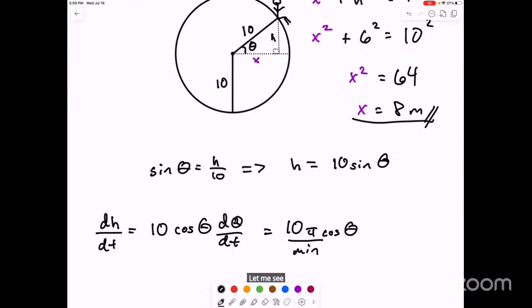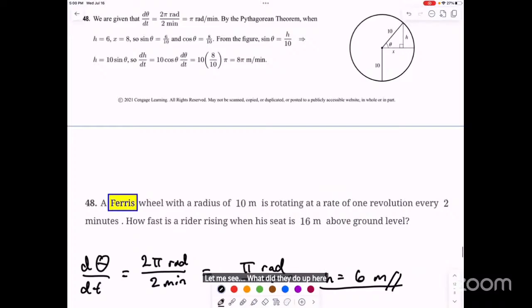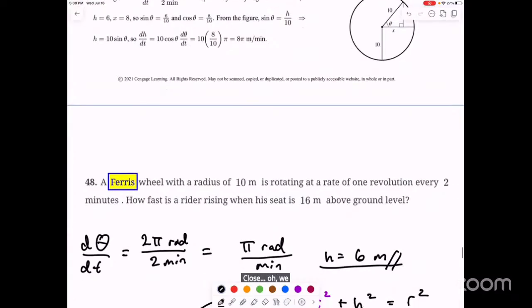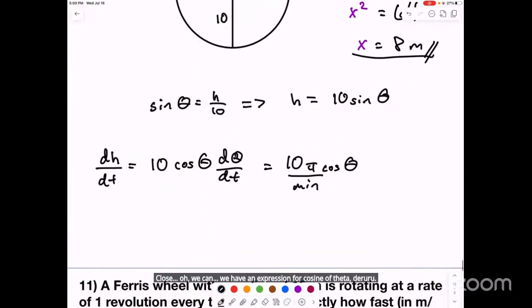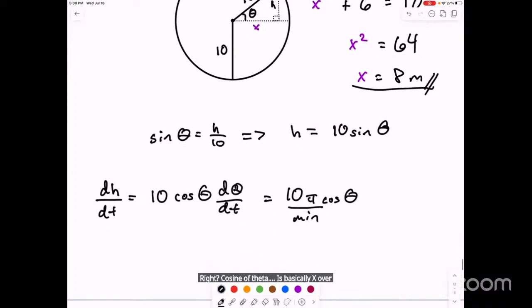Let me see. What did they do up here? We have an expression for cosine of theta, right? Cosine of theta is basically x over 10, which is 8 over 10, right?